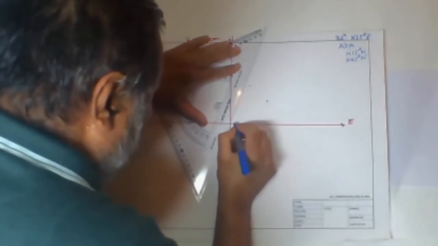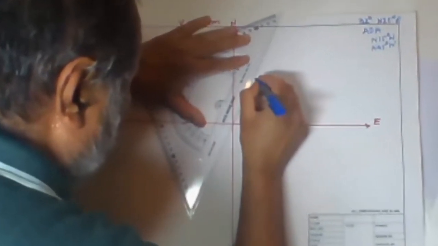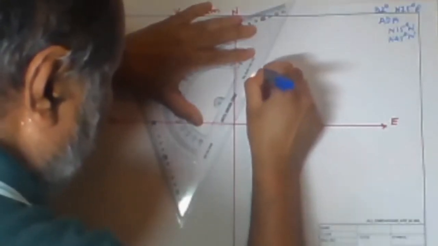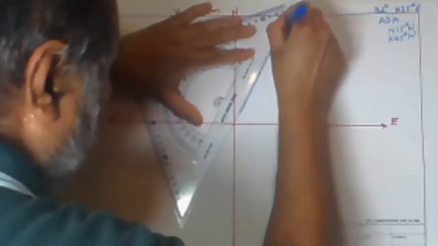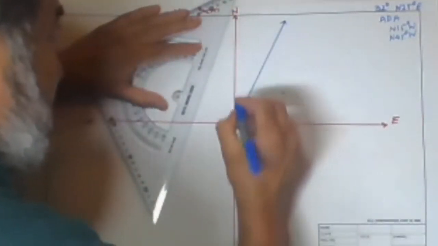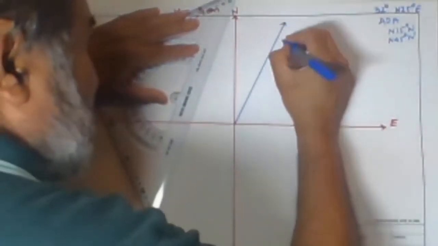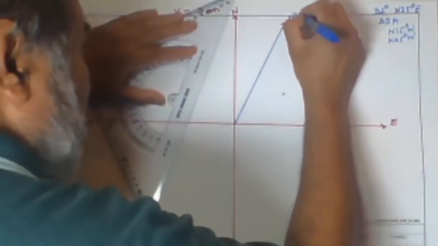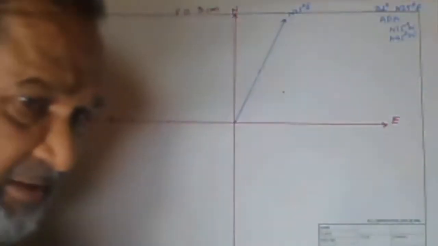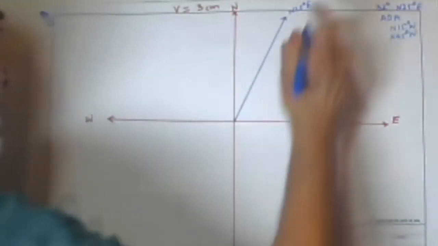So you get the idea. Yes, so here we got this is the north 25 degree east. This we have drawn, and this is your true dip direction.